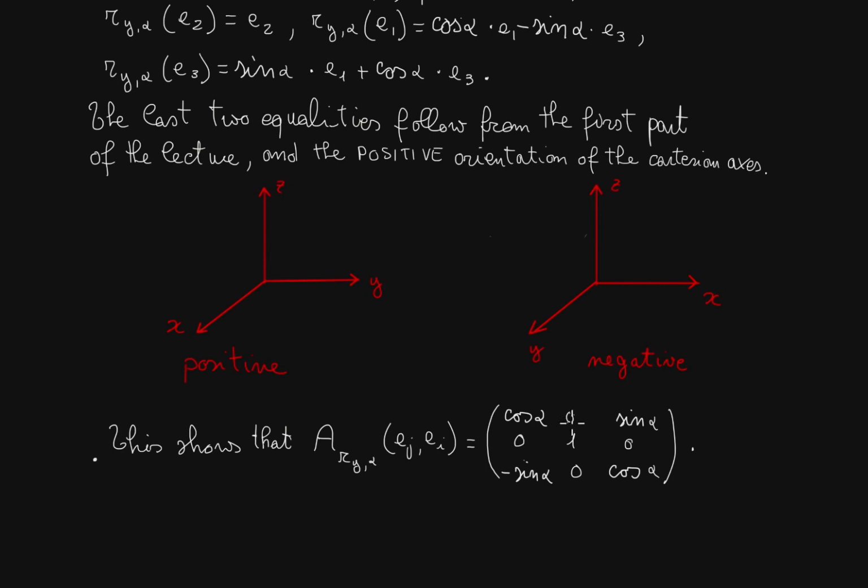The second column is 0, 1, 0 and translates this equality. And the third column uses the coefficients of the linear combination of this equality, the image of E3: sine of alpha times E1 plus 0 times E2 plus cosine of alpha times E3.